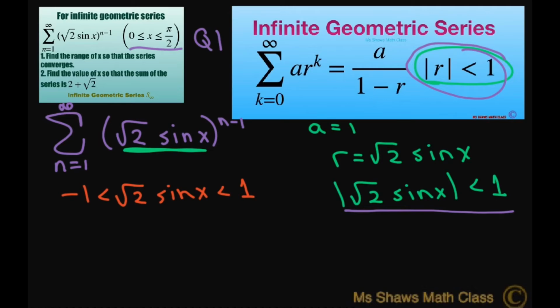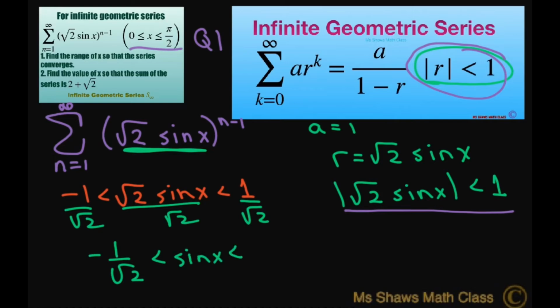All right, so let's divide each of these terms by square root of 2. So we get -1 divided by square root of 2 is less than sine of x, which is less than 1 divided by square root of 2.